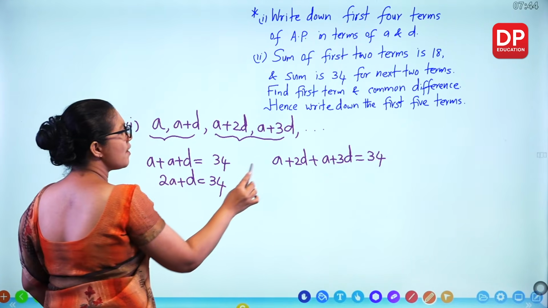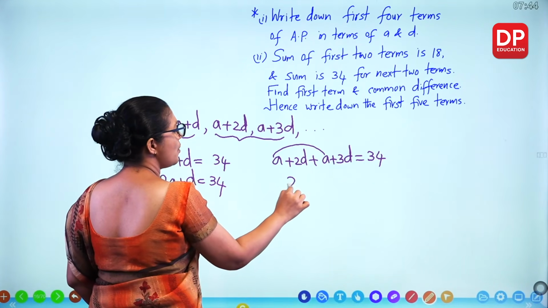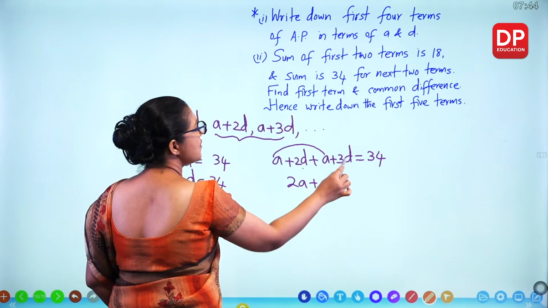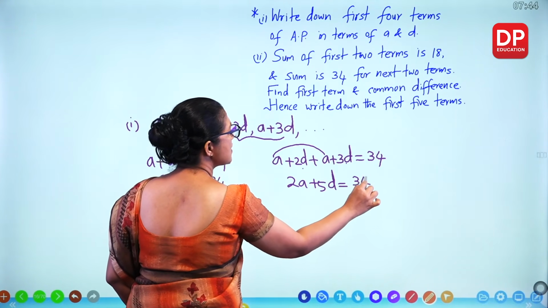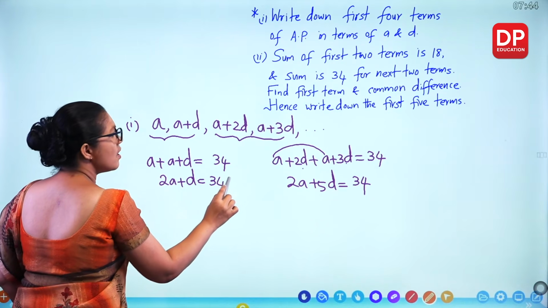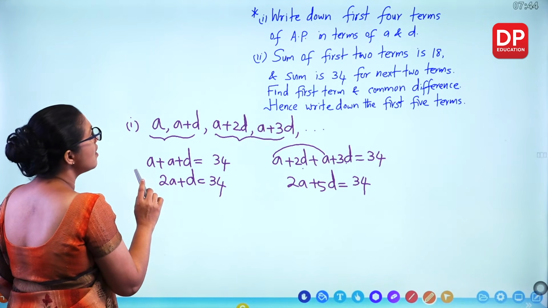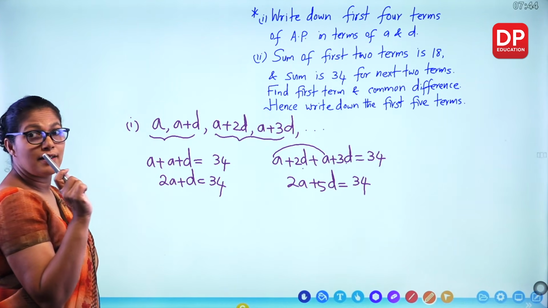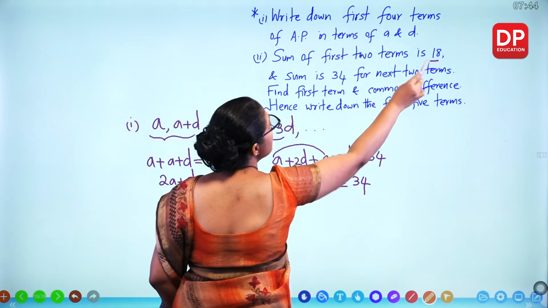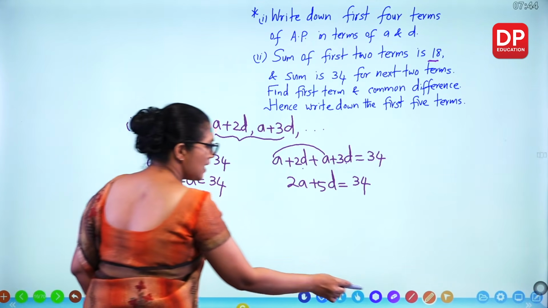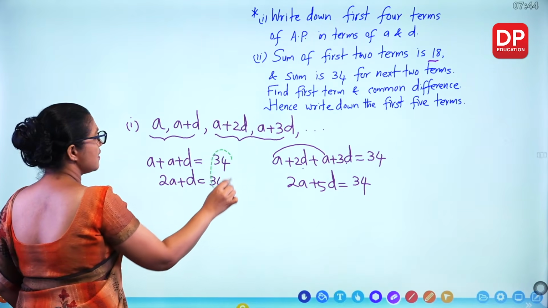Now when you simplify, what do you get? A and A, 2A, 2D, 3D, you get 5D. That's 34. Here I made a mistake. Sum of first 2 terms is 18, given. So this should be 18.